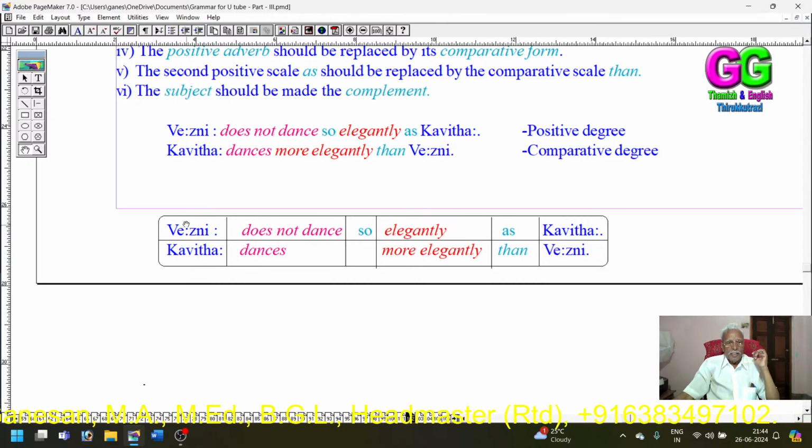Sixthly, the subject of the positive degree should be made the complement. So, Veni does not dance so elegantly as Kavita. That is, Kavita dances more elegantly than Veni.